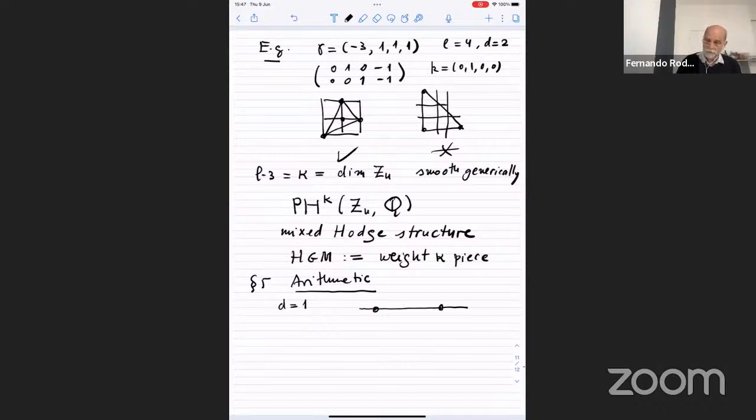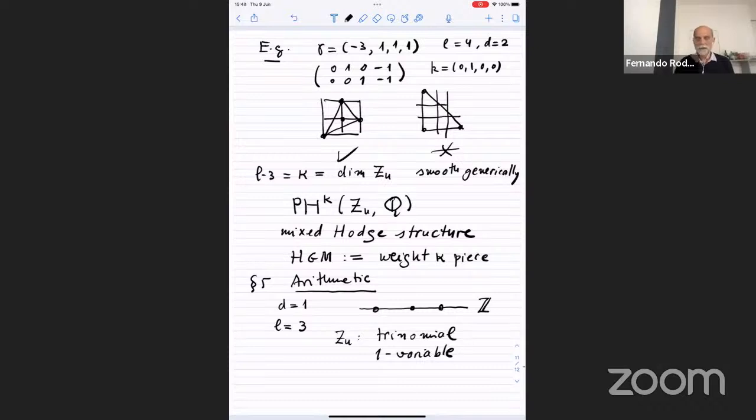What we have is L is 3. So there are three dots, and there are 3 monomials in Z. And so the equation Z mu is going to be a trinomial in one variable.